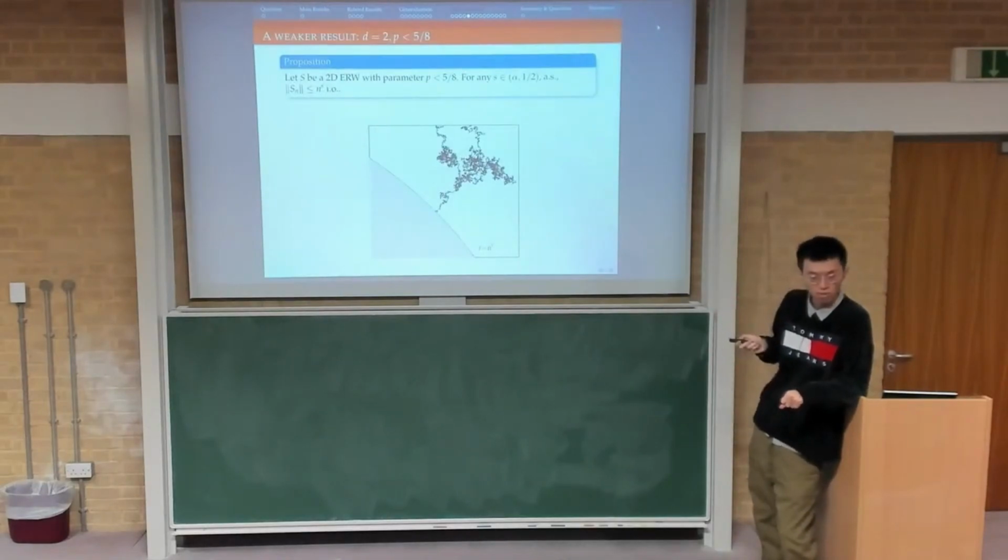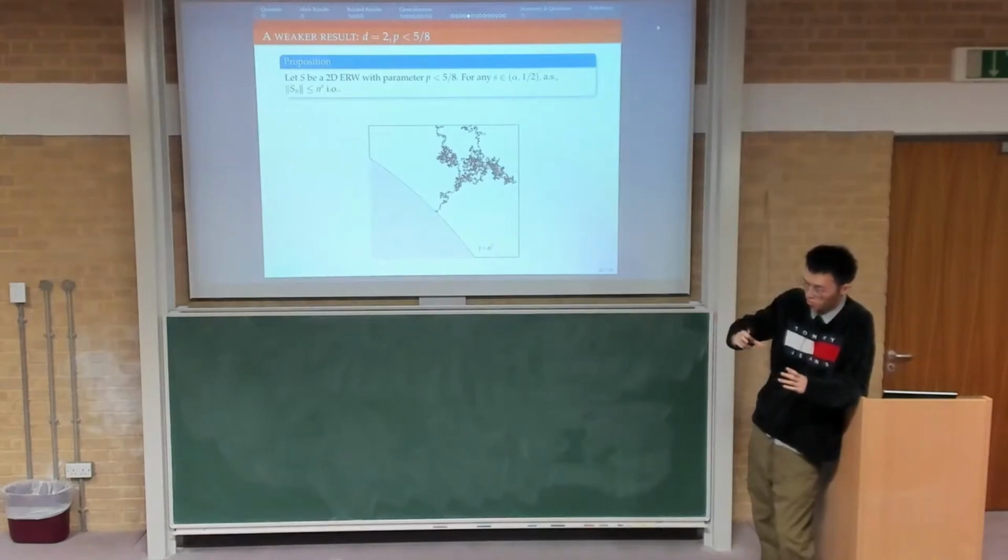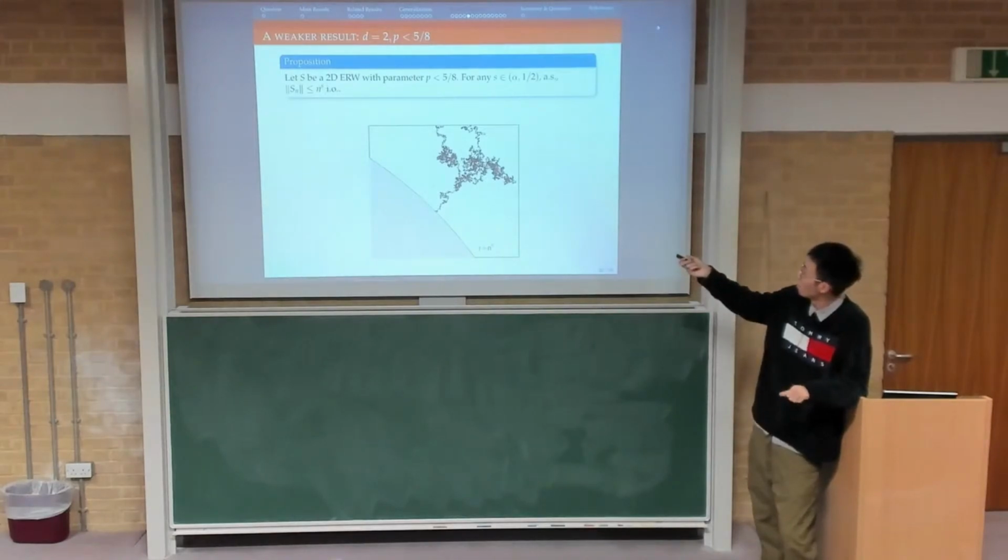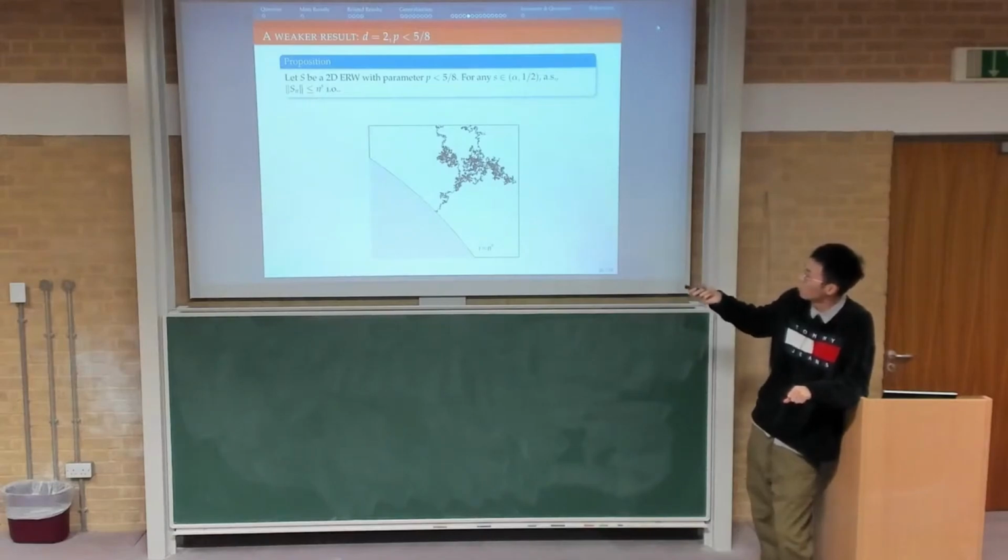So we first prove the weaker result. Instead of showing that this walk will return to some fixed ball almost surely, we first show that it will go back to a growing ball infinitely many times.